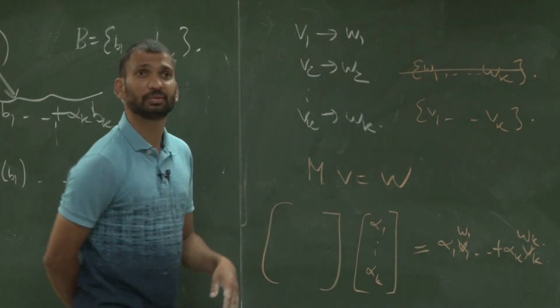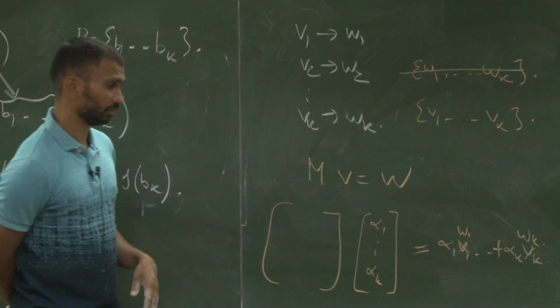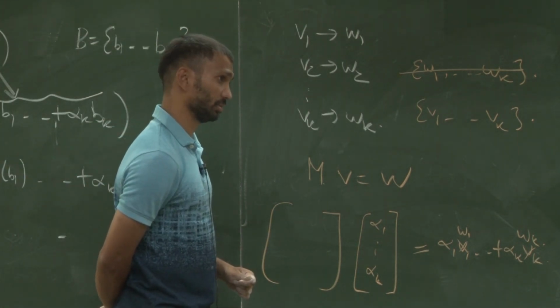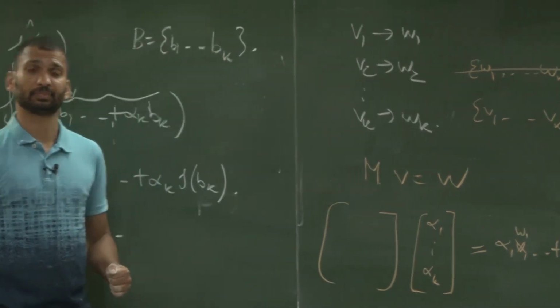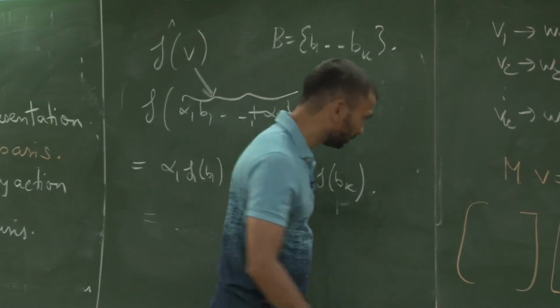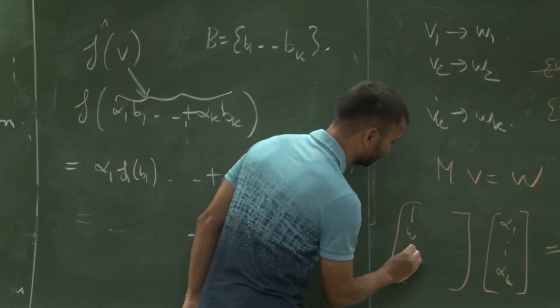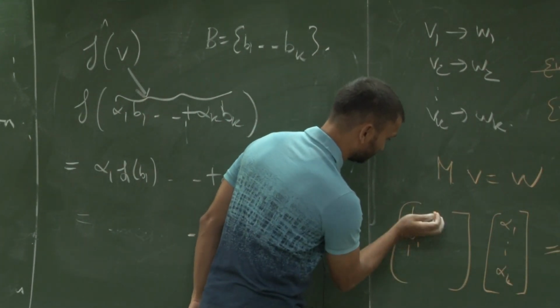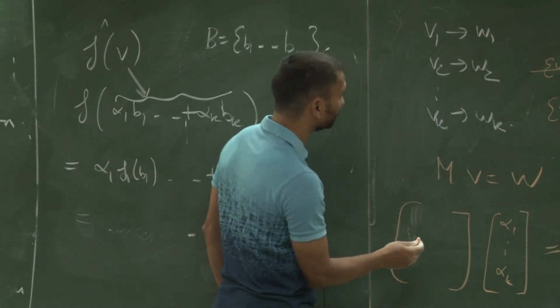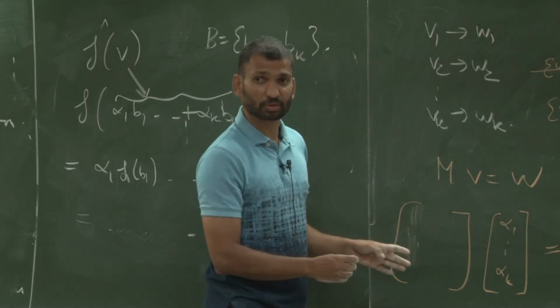No. Yeah. Sorry, the alphas are scalars. W1 as? No, W1 you cannot write in terms of Vi.